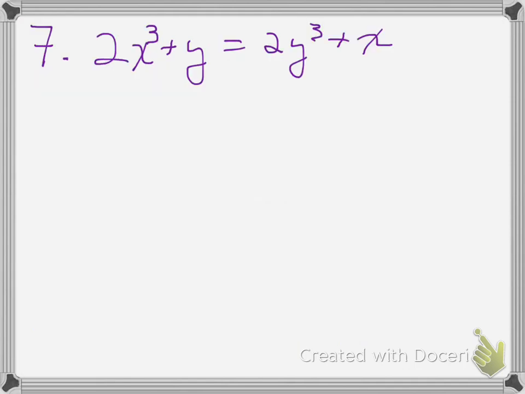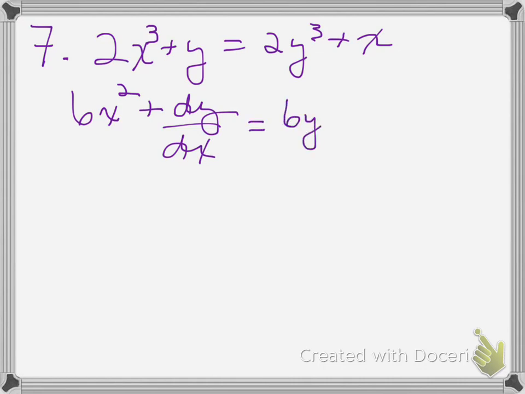Okay, here's our 7. Working from the left and the right, we have 6x squared plus 1 dy/dx equals 6y squared dy/dx plus 1. Notice I'm doing dy/dx when I do the y. Alright, get all of your dy/dx's on one side. I think I'm going to go this way this time.